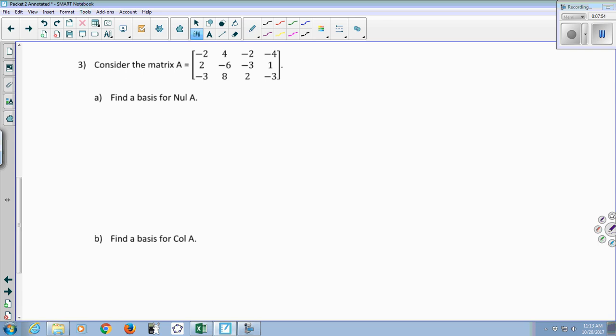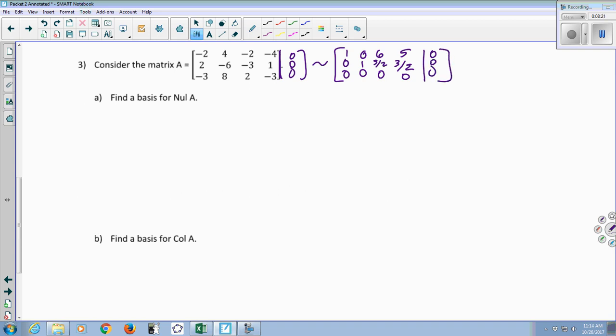And you augment with 0, 0, 0. Just going to draw it up here. Row reduce, and I get 1, 0, 0, 0, 1, 0, 6, 5 halves, 0, 5, 3 halves, 0, 0, 0, 0.